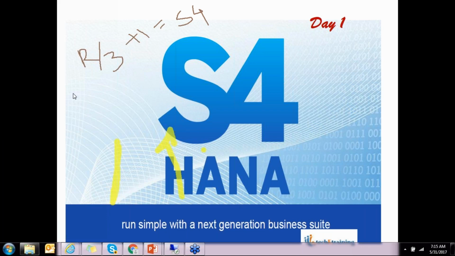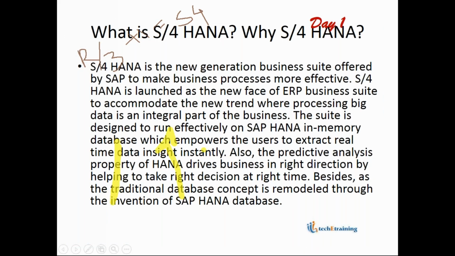I'll tell you. There are two types of deployments available in HANA. HANA as an accelerator, that is sidecar HANA: HANA as a secondary database and HANA as a primary database. Let me go to that screen.